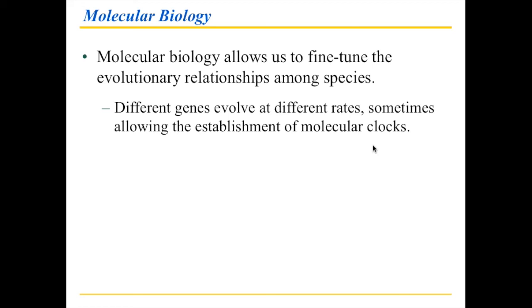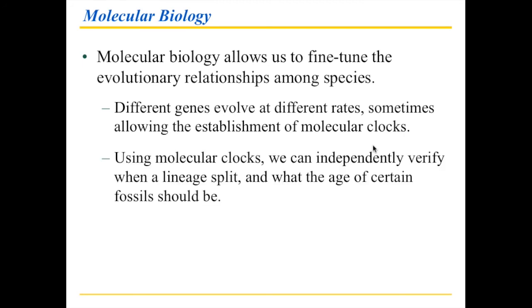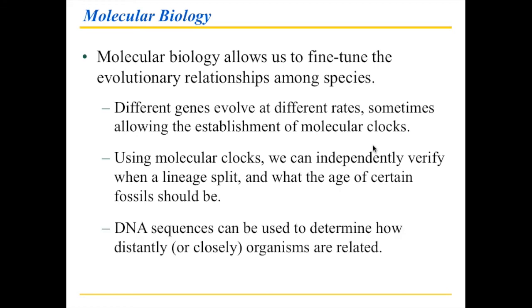So if I then go back in time another 8,000 years, I can estimate what some of those changes were to lead up to the Egyptian mummy. And so the establishment of molecular clocks can be very interesting. So we can sometimes figure out when one species turned into two and what the age of certain fossils should be. These are the kind of things that we can estimate using molecular biology.